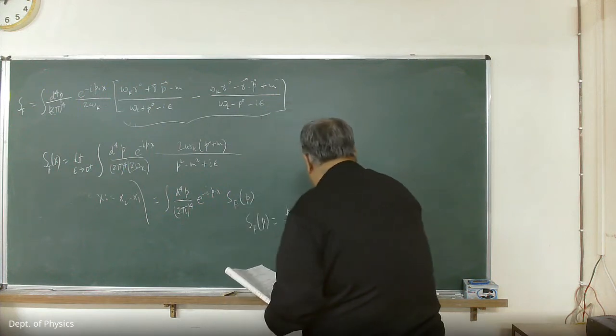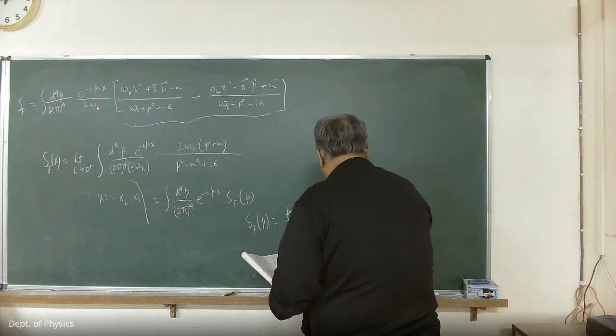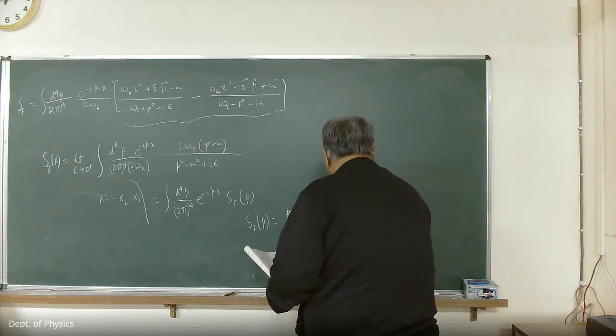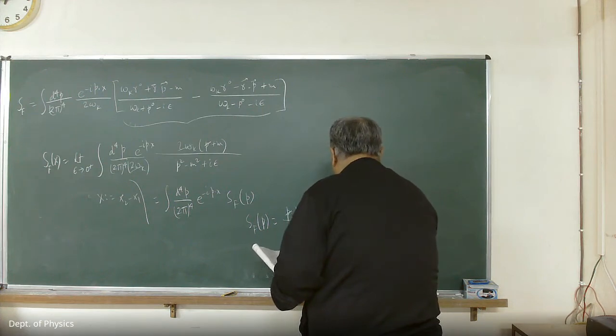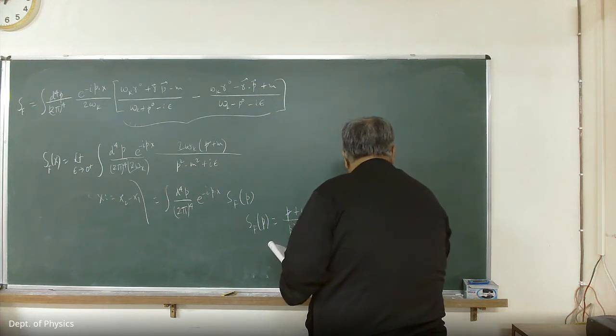Let me focus my attention on the denominator, p naught square minus p vector square minus m square plus i epsilon.